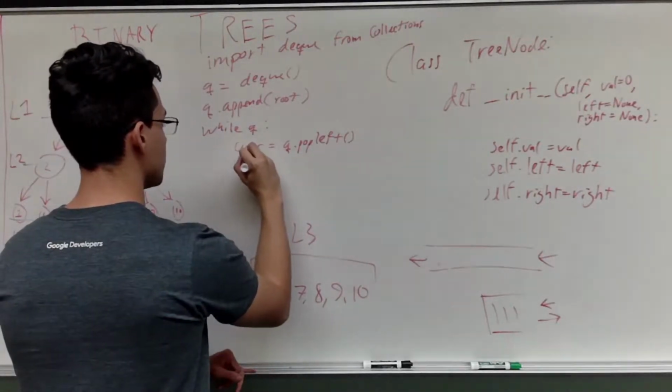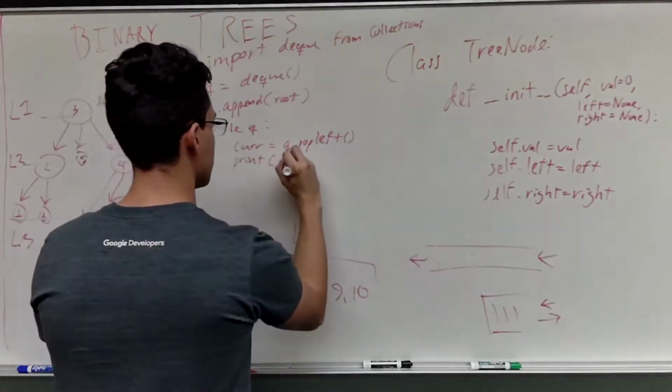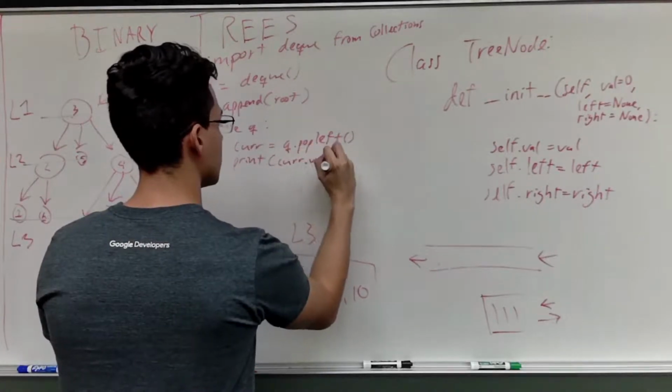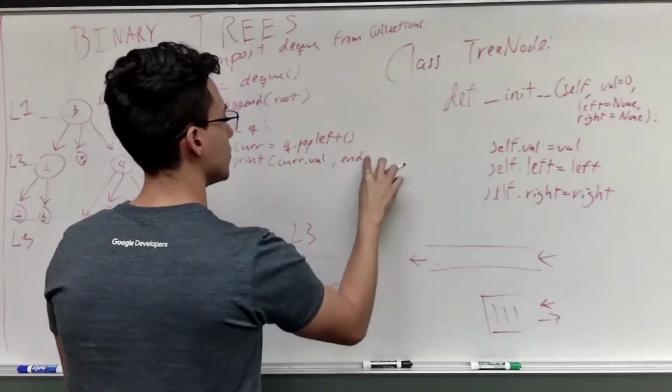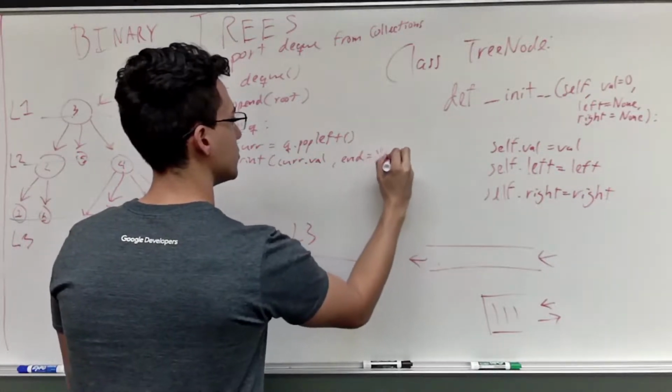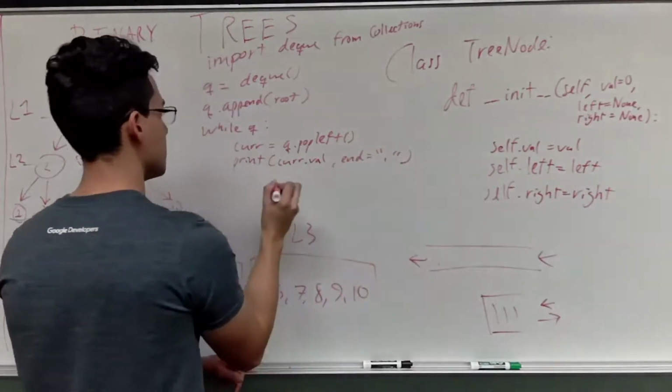So, well, we could print it like we did before. Print cur.val.